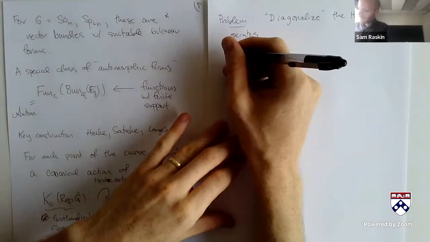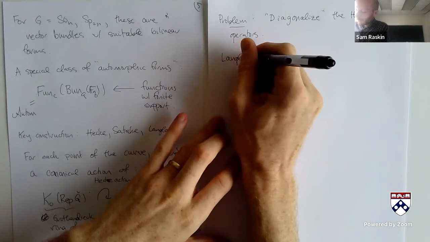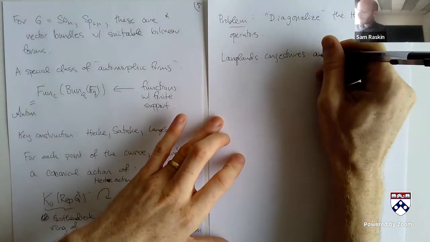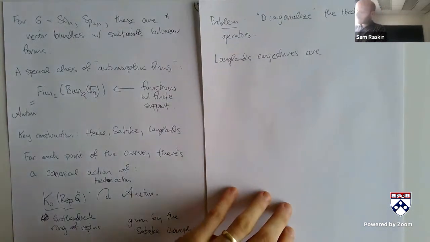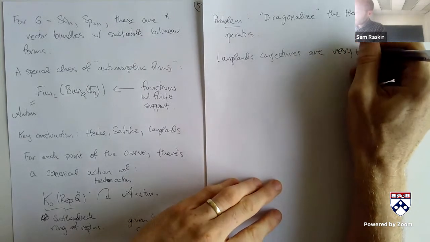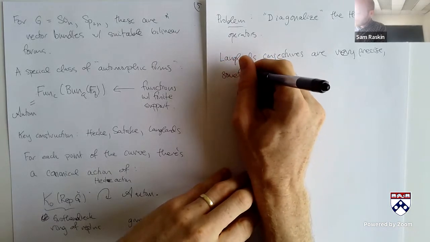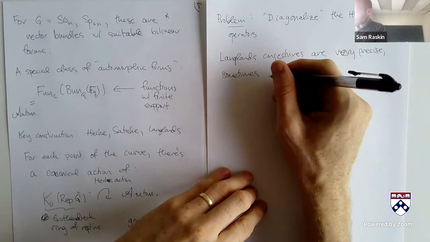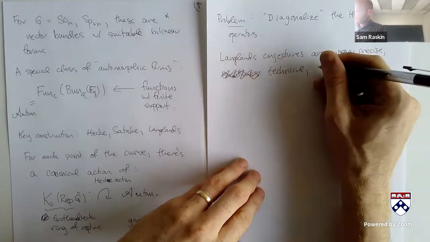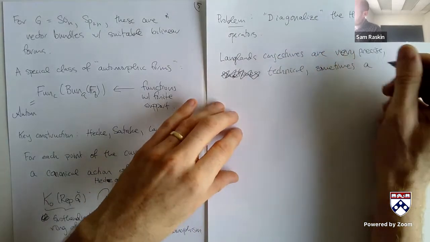The Langlands conjectures are very precise. They're technical, and sometimes a little sprawling.